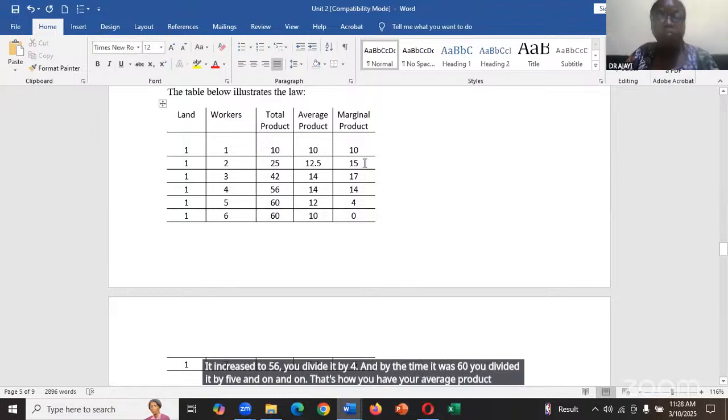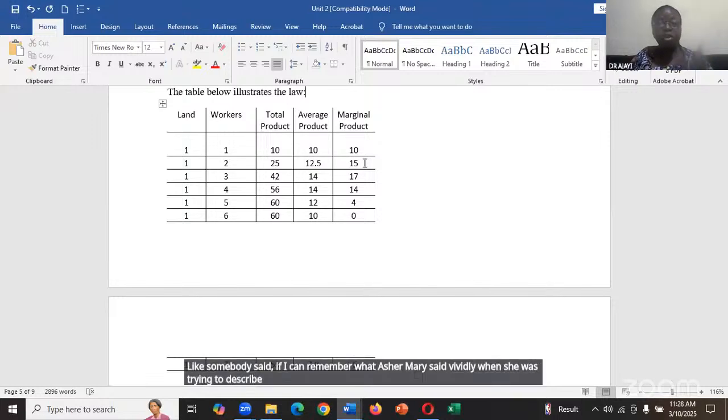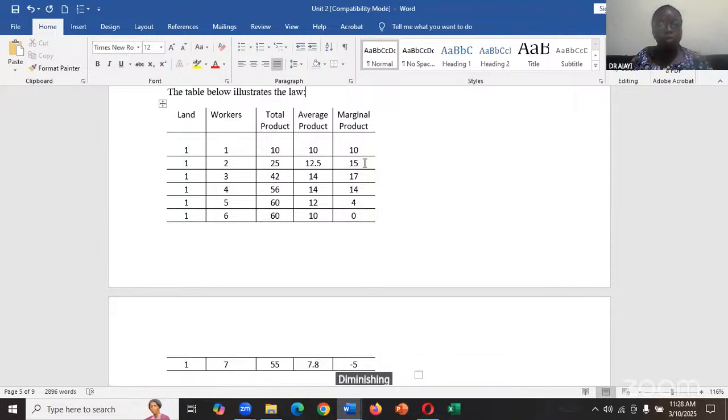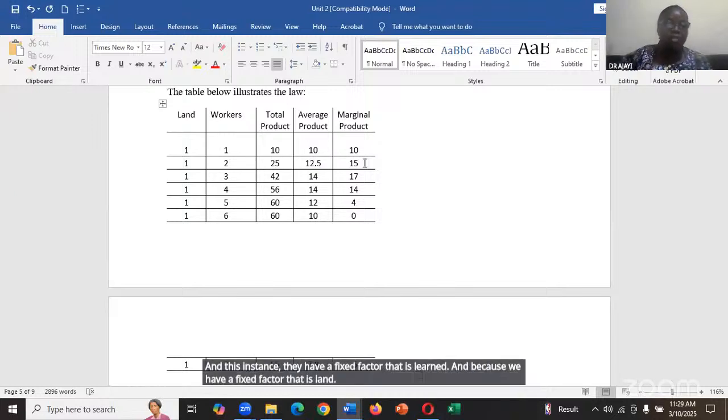And for the marginal, like somebody said, if I can remember what Ashia Mary said vividly when she was trying to describe the law of variable proportion and the law of diminishing return. Diminishing return only crops up when we have a fixed factor. In this instance, we have a fixed factor that is land. And because we have a fixed factor, you are adding labor and increasing the number of labor.